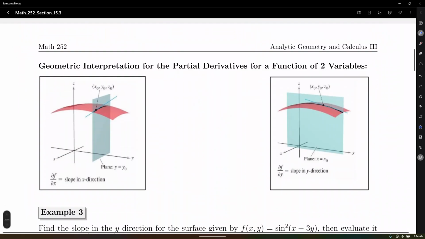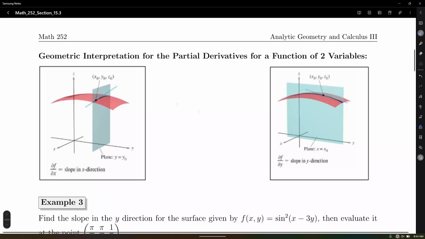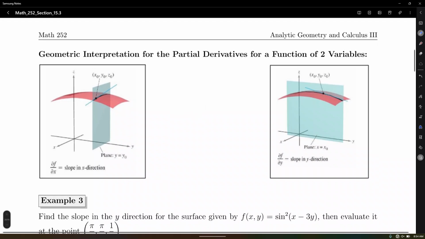So the function f of x, y is not going to give us a curve. It's going to represent a surface. The point we evaluate the derivative at, the partial derivative evaluated at that point, depends on which variable we are differentiating with respect to.